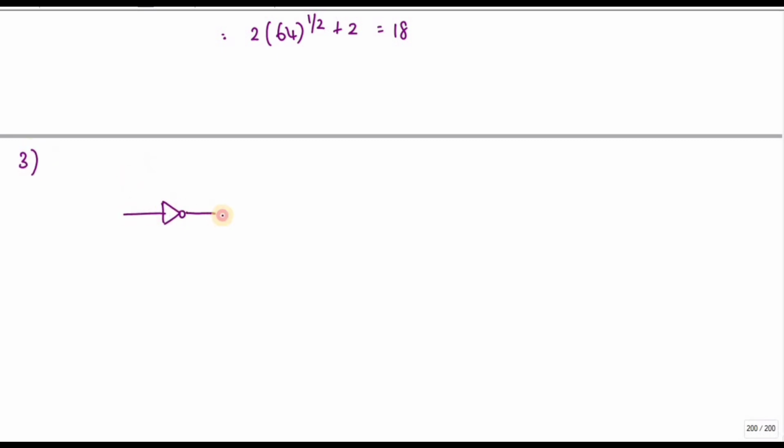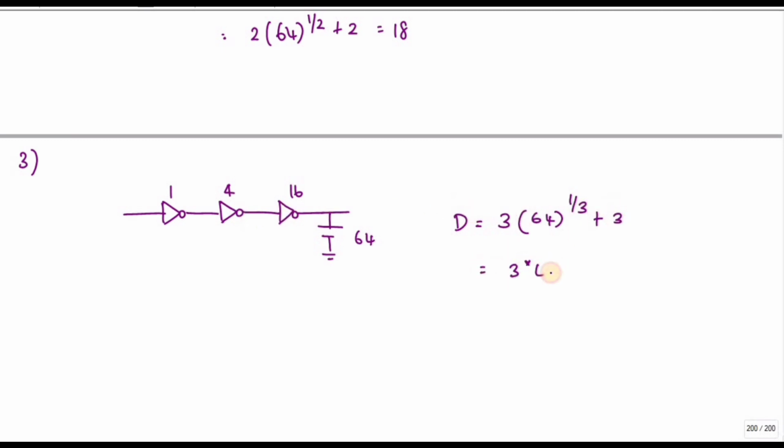Okay. So next, let's go for another problem. Third one. So instead of 2 inverter, I'm going to add 3 inverters. Okay. So and the values on the sizings are 1, 4, 16. Okay. So what is the formula? D is equal to, here the number of stages, 3. So n I am going to change, and parasitic value is 3. Okay, so 3 into 4 plus 3, that is nothing but 15.